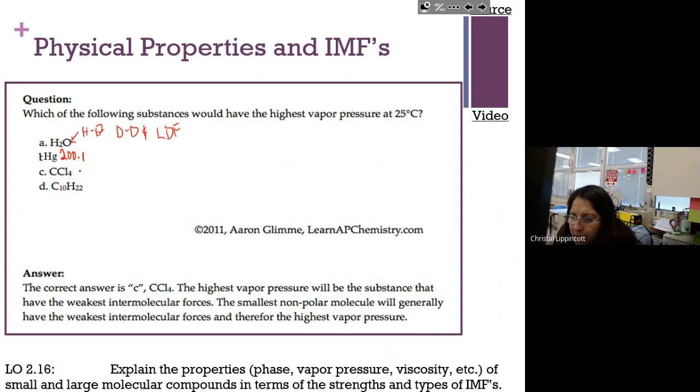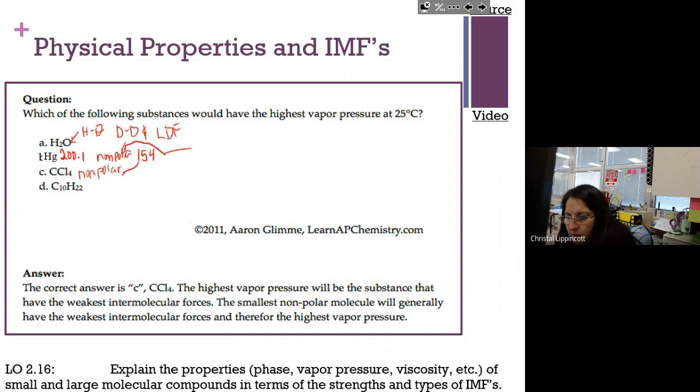This one is a nonpolar molecule, just like this one was, but its molecular mass is 154. Which one has more electrons? This guy's going to have more electrons up here.